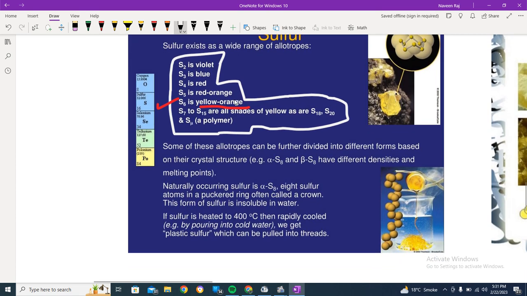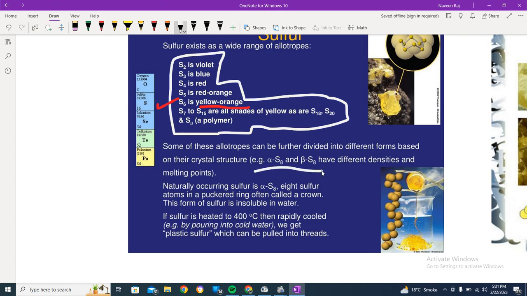Some of these allotropes can be further divided into different forms based on their crystal structure. Alpha and beta forms have different densities and melting points. What does this mean? This means that some have alpha chains while some have beta chains. This depends on arrangement.